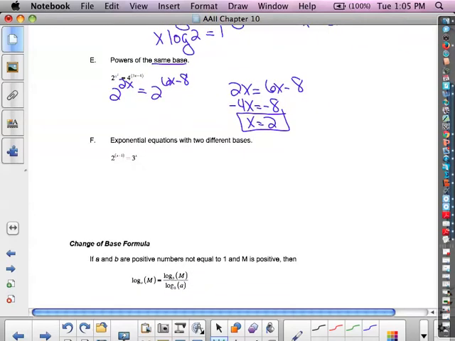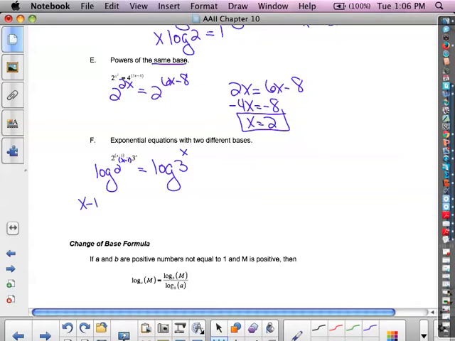Okay, for F, again, I have 2 raised to the x minus 1 is equal to 3 raised to the x, and I can't get those bases to be alike, so I'm going to take log base 10 of both sides. So I have log base 10 of 2 raised to the x minus 1 is equal to log base 10 of 3 raised to the x. Then go ahead and use your power rule.